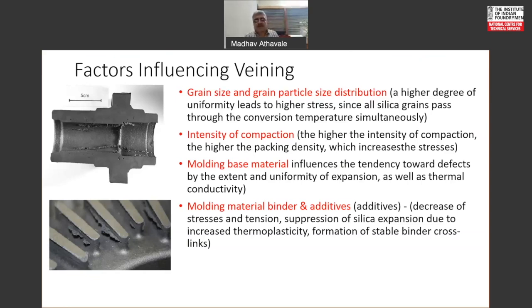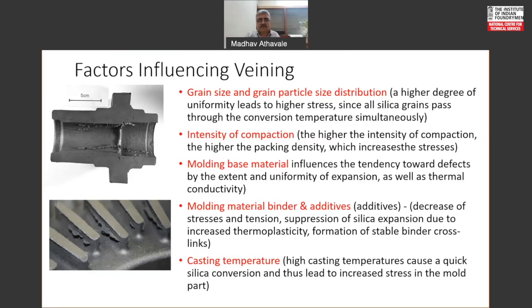And what is the nature of molding material, binders and additives? Do they decrease the stresses or suppress silica expansion due to thermoplasticity? So this also has an effect. What you see at the bottom, I think, is perhaps a section of a ventilated brake disc. And of course, the casting temperature, the role of that we saw earlier.